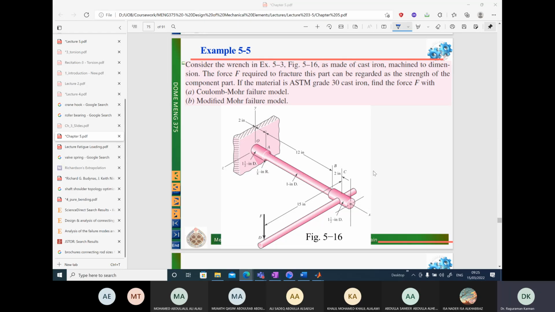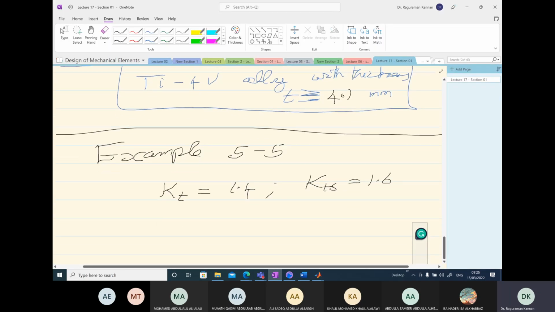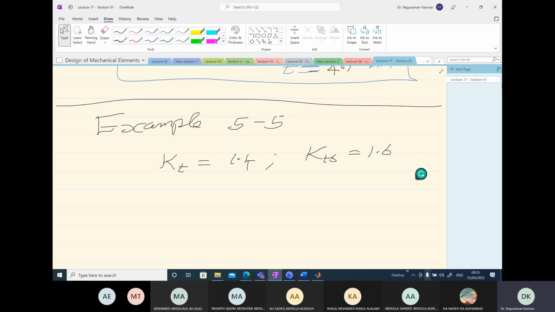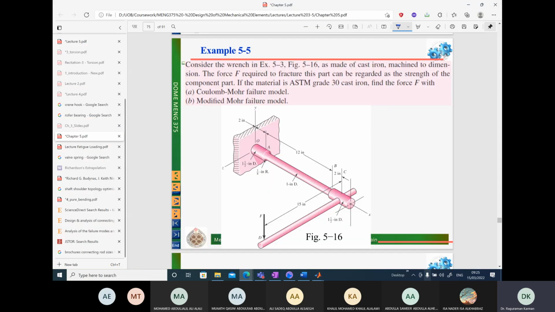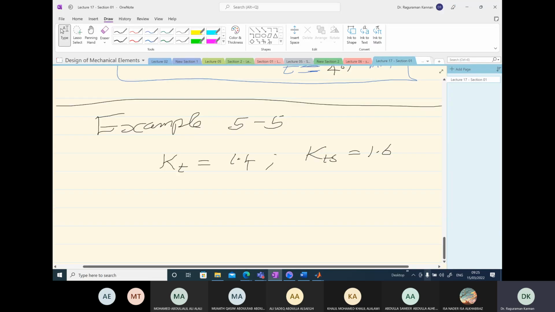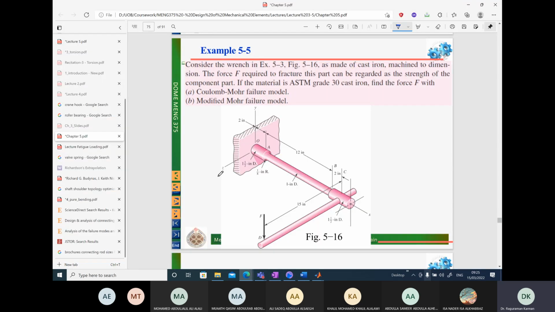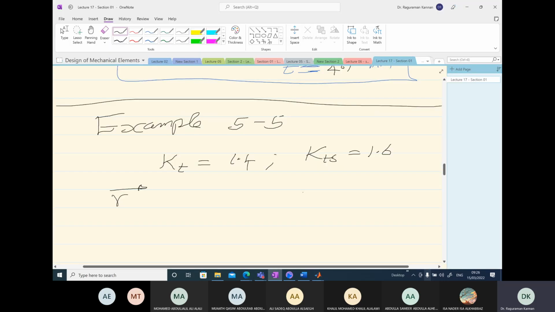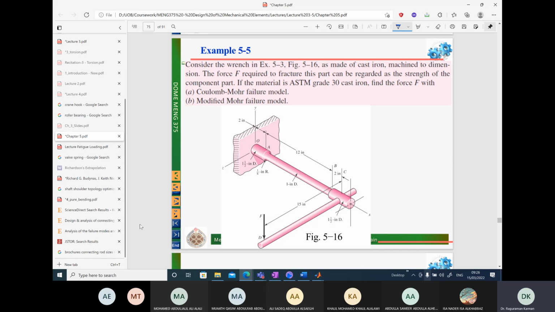Just like the previous case, we write the force vector and locations as usual, the location of the force F in vector form. We have the X, Y, and Z. In the exam, if you are not given the X, Y, and Z, you have to assume where the origin is and what the X, Y, Z coordinates are, appropriately.